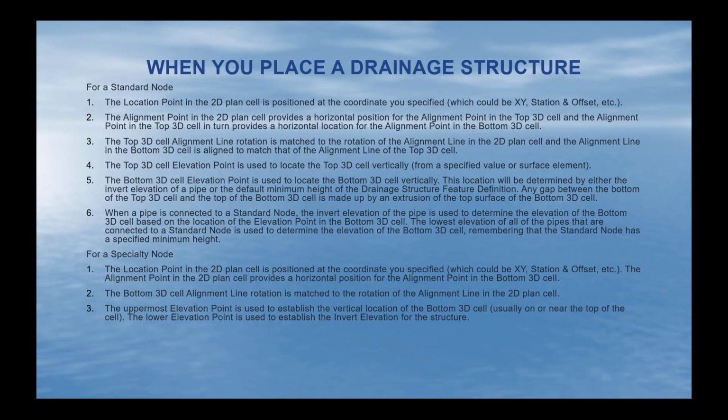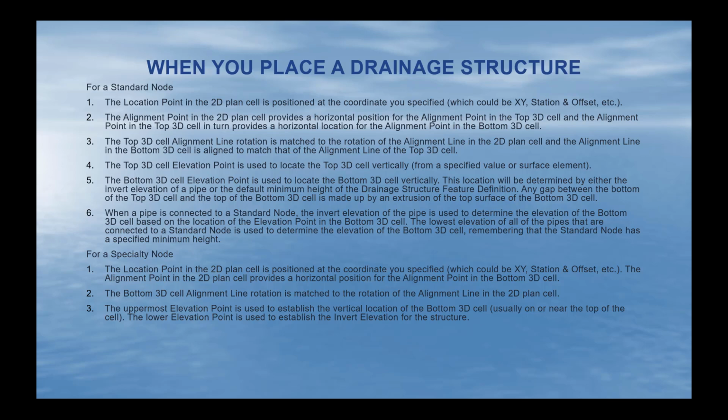You notice it doesn't say anything about a top 3D cell, because all specialty cells, all end treatments like end walls, FES, MES, or other, are all a single bottom 3D cell. There is no top, and that allows the software to understand, along with the addition of an extra point, that this is a specialty node.